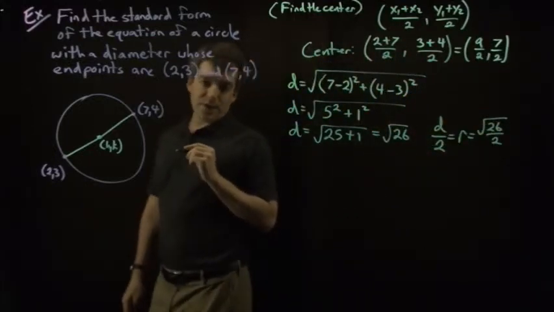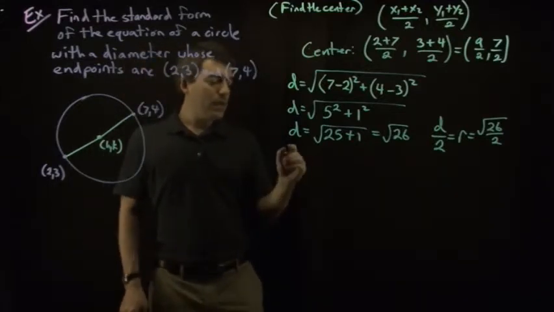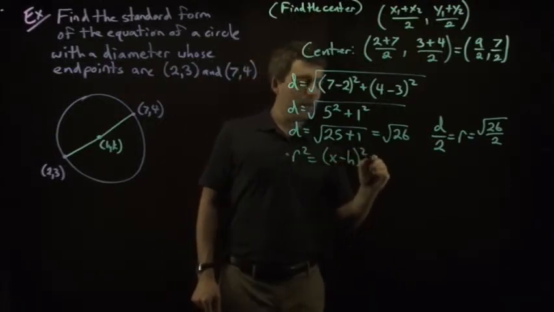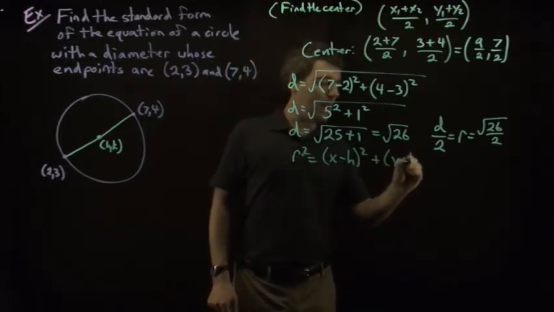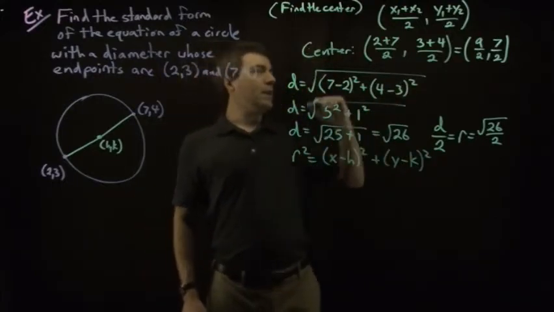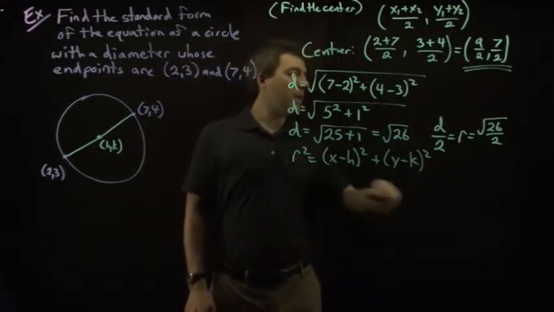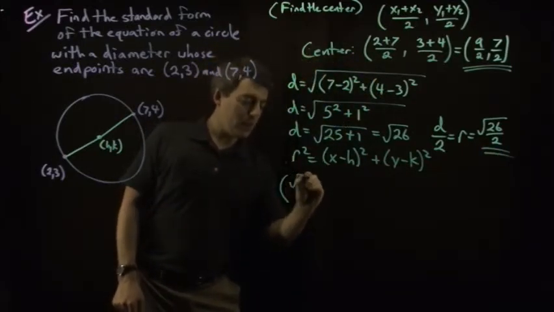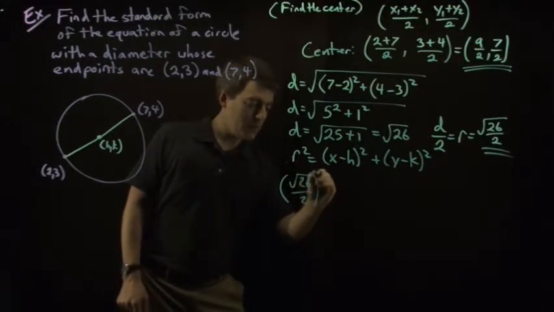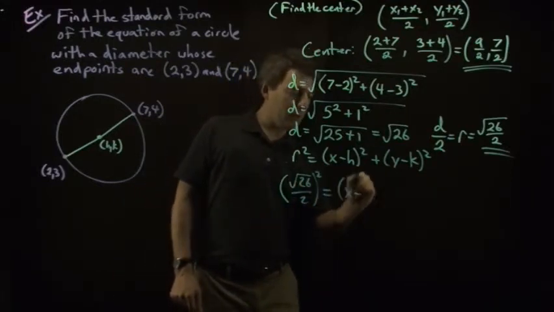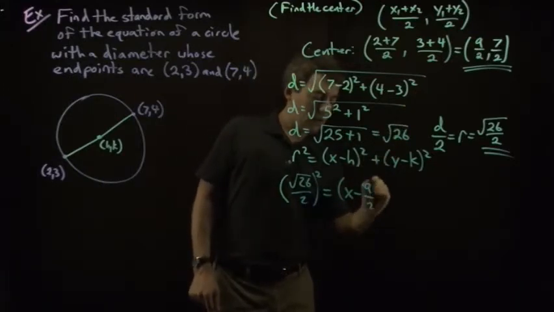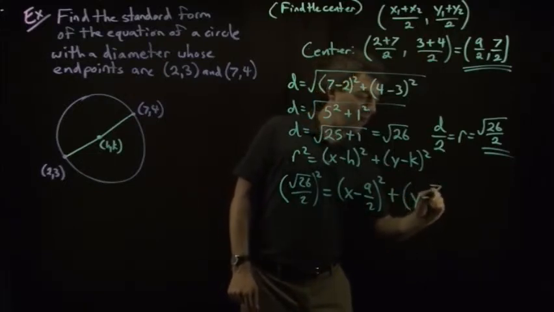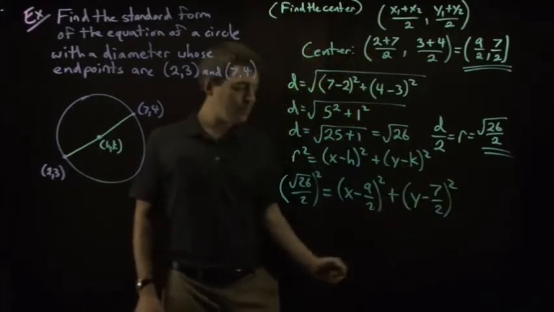All right, and now we can write the standard form of the equation of the circle, and recall that's r squared equals (x minus h) squared plus (y minus k) squared. And we'll just plug in the information: the center here, the radius here. So, (square root of 26 over 2) squared equals (x minus 9 halves) squared plus (y minus 7 halves) squared.